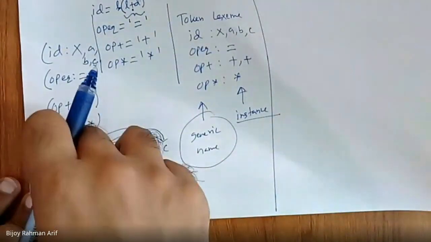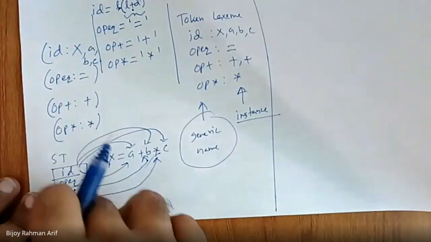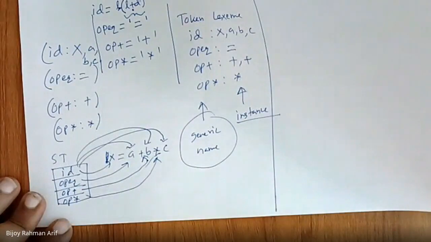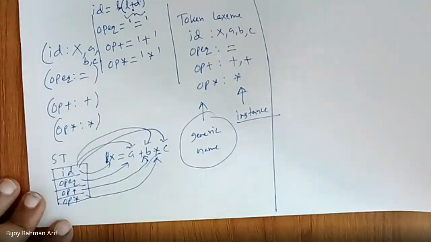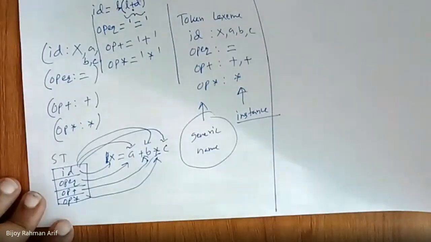So all the token names would be tabulated once, but if there are multiple instances of that token, that means if there are multiple lexemes present for a particular token, there will be multiple pointers. Okay. It is not called the syntax table, its name is the symbol table.